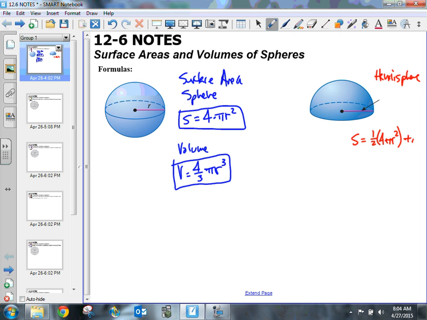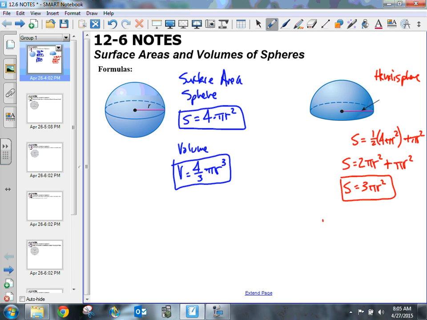So I'm going to do another pi r squared here. So our surface area, if I take half of 4, it's going to be 2 times pi r squared plus the additional pi r squared that is on the bottom of our hemisphere. I can combine those and get 3 pi r squared. And that would be the surface area for a hemisphere.